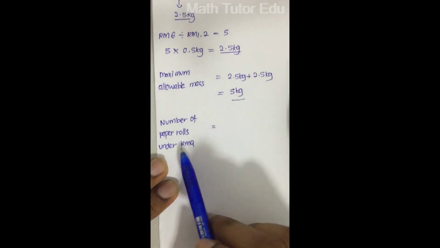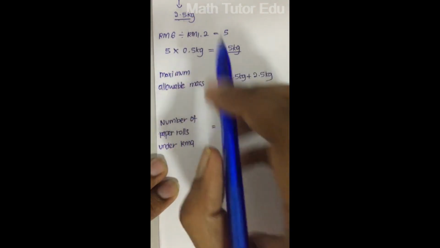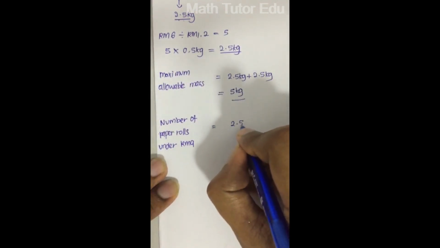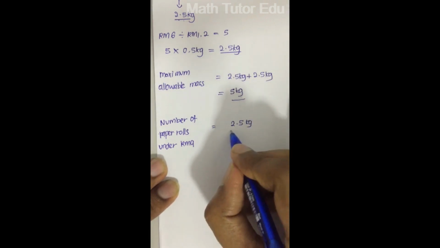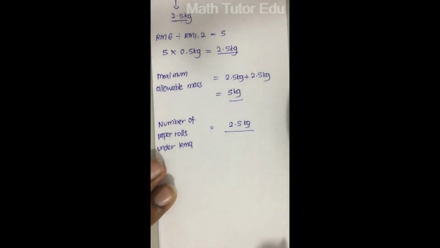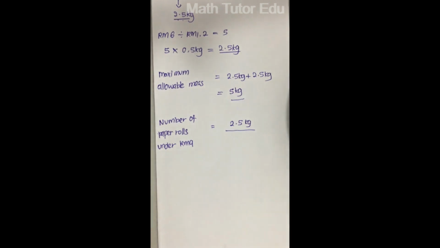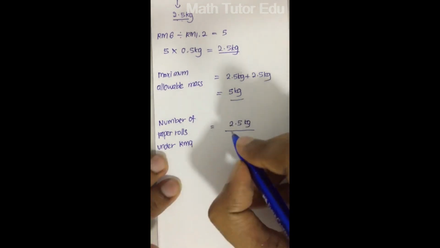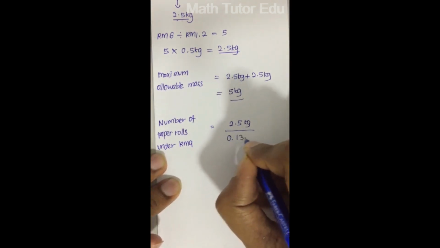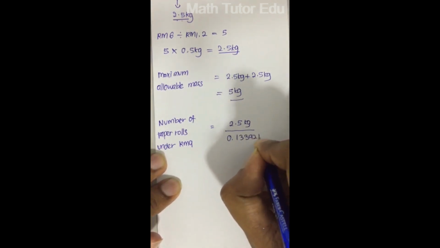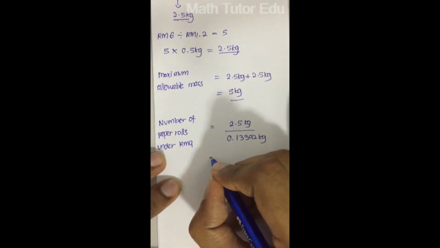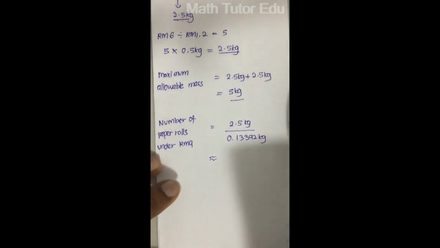Remember guys, under 9 ringgit, your allowable mass is 2.5 kg maximum. So 2.5 kg, and then you divide with the mass of one rectangular roll of paper. The mass of one rectangular roll of paper is 0.13392 kg.